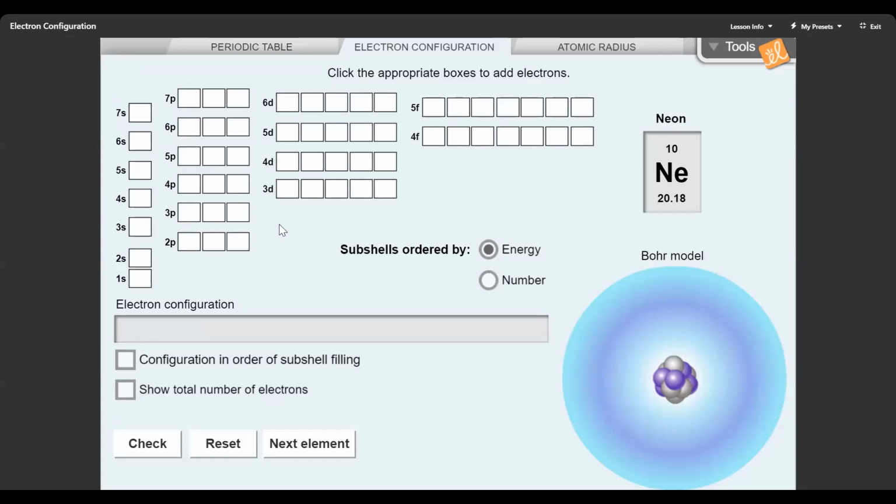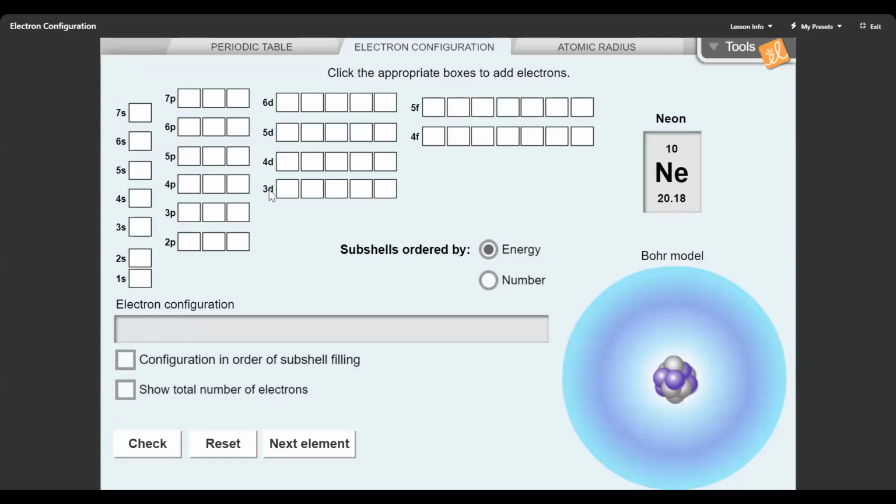Looking at the periodic table, the atomic number of neon is 10. And the atomic number is the same as the number of protons. Every element in the periodic table is neutral. All the elements you are given are neutral. Therefore, the number of electrons is 10.